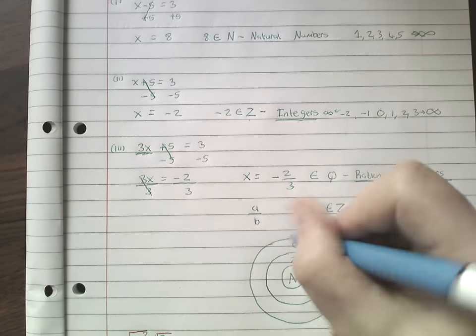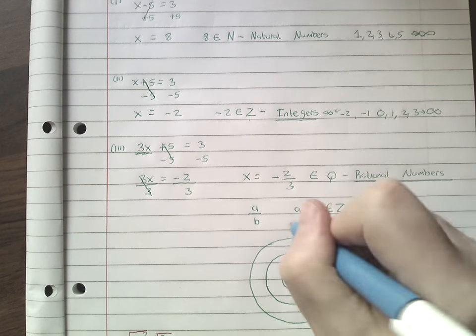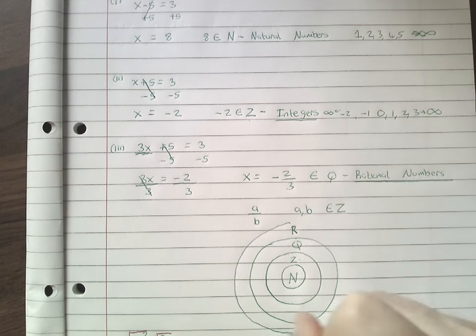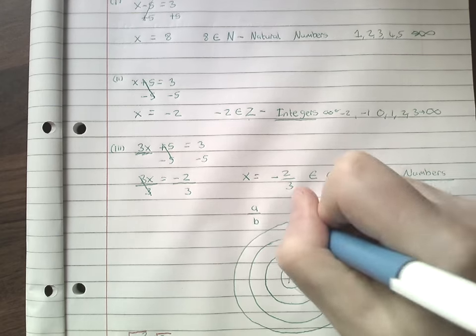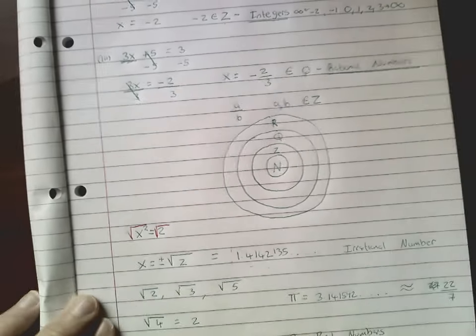So all the different sets of numbers that we've looked at will be classified as real numbers. Okay, so they're called real numbers.